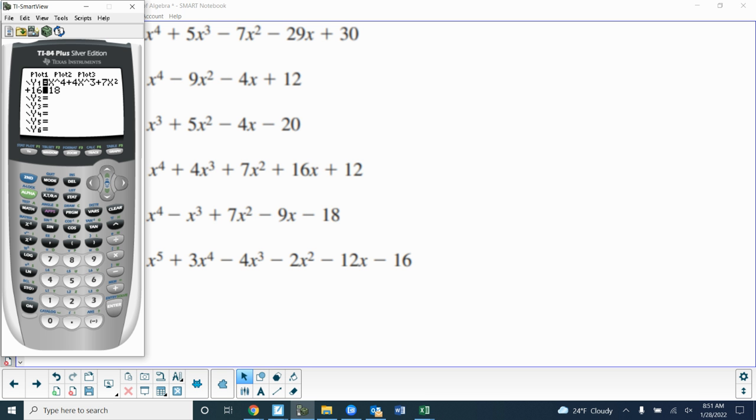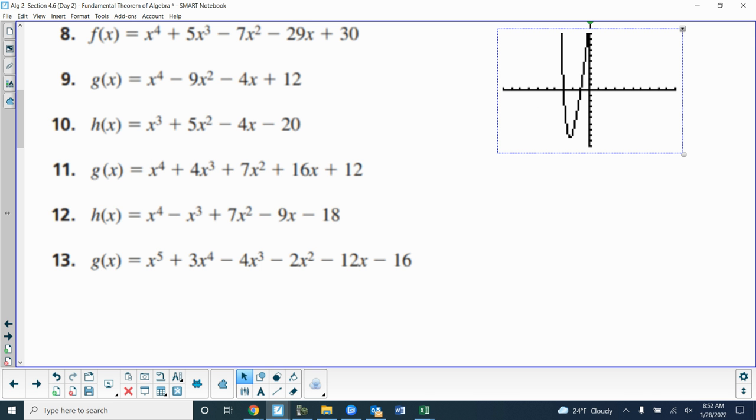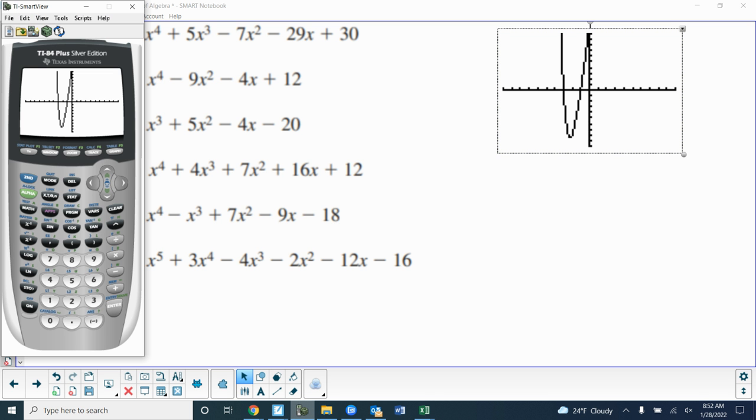Plus 16x plus 12. All right, I'm still looking for 4, right? Looks like -1 and -3. Was that right? You did everything wrong. I got -1, -3. All right, let me look. Maybe it's not in the table. There's -1.